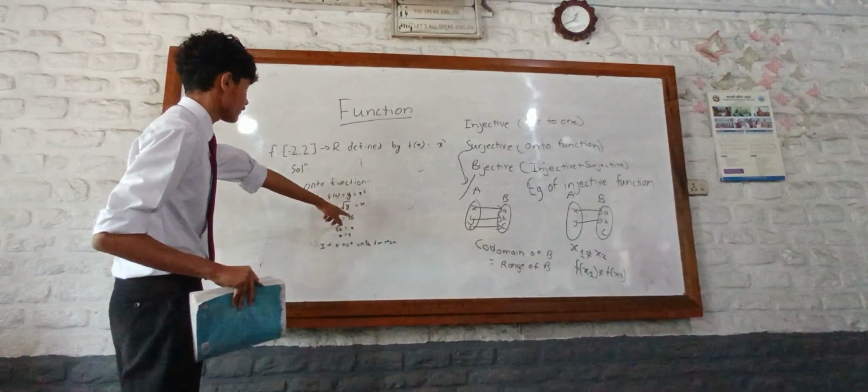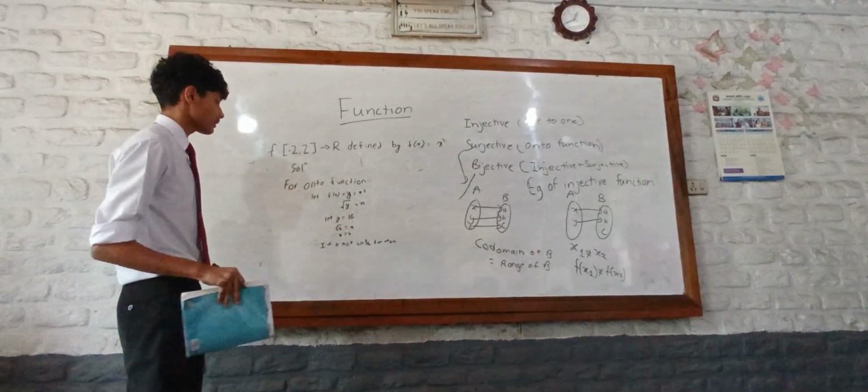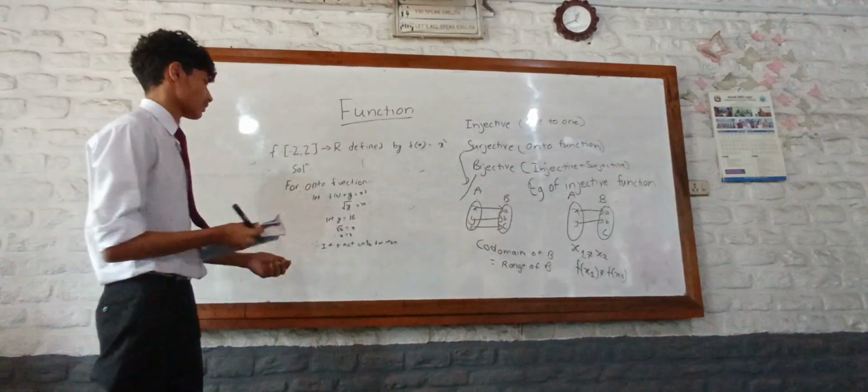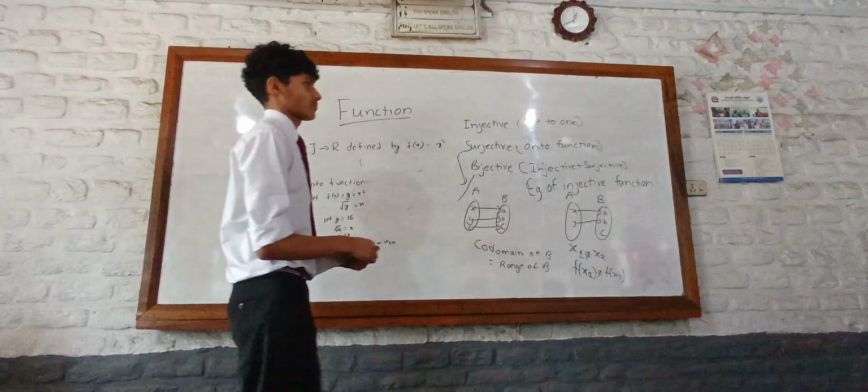When we put the value of y as 16, it is not in this range, therefore it is not an onto function.